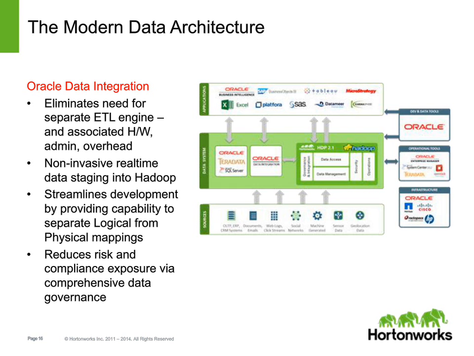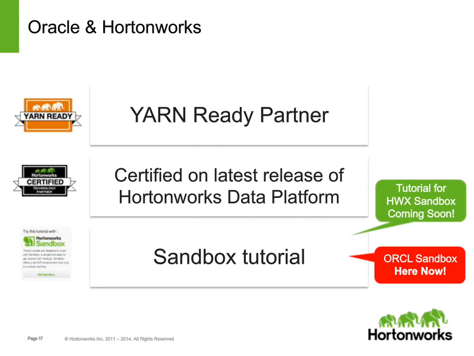Now, in the context of what we're doing in terms of partnership, Hortonworks has spawned a number of initiatives. Number one is we do certify with our partners against our distribution of Hadoop, which is 100% open source, comes from the Apache Software Foundation. We try to stay as close to the trunk as possible, ensuring that you as a customer get the maximum value out of the open community.